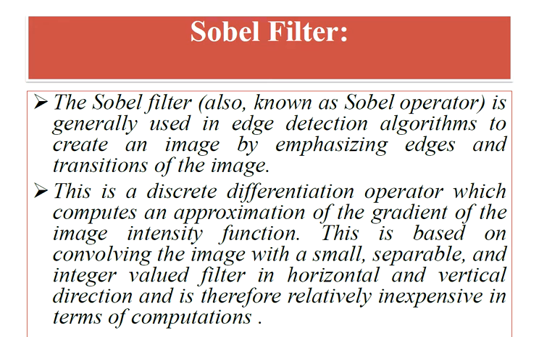So let's start. The Sobel filter, sometimes also known as the Sobel operator, is generally used in edge detection algorithms to create an image by emphasizing edges and transitions of the image.